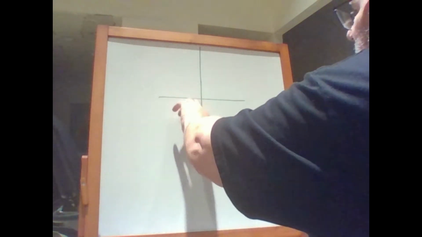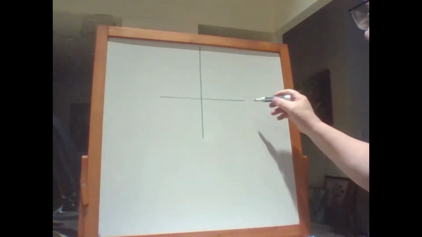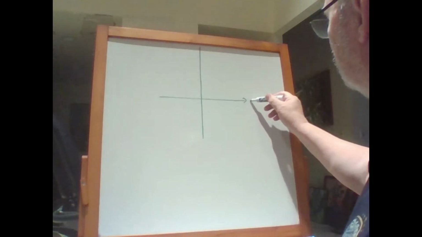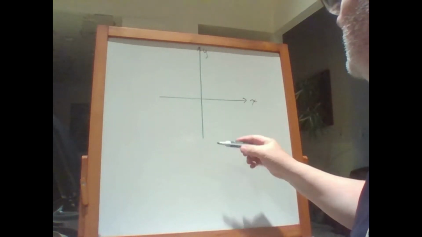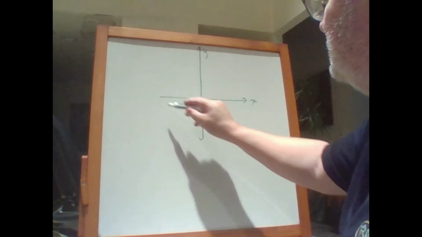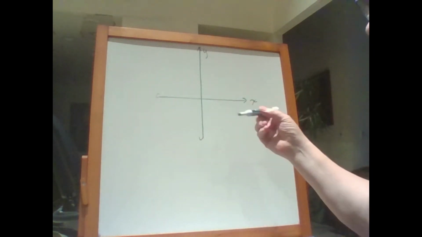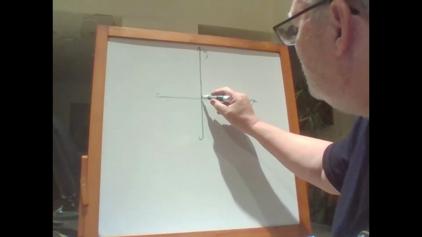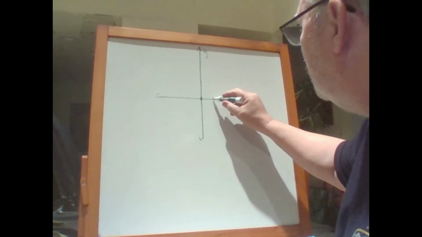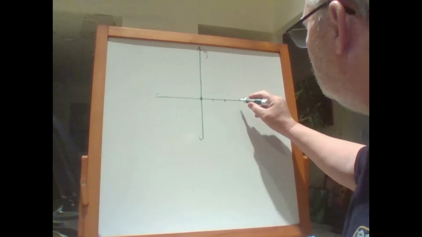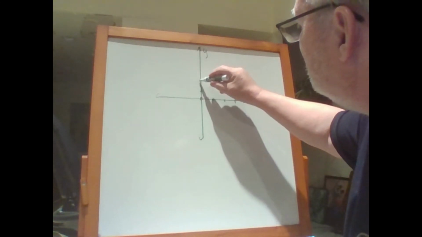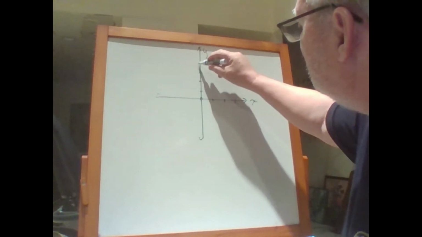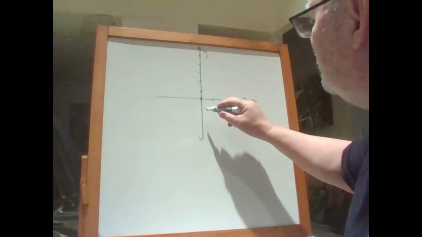All right, so we have our xy coordinates. This is x, this is y, and we got 0, and we got x equals 1, 2, 3, and we got 1, 2, 3, 4, 5.